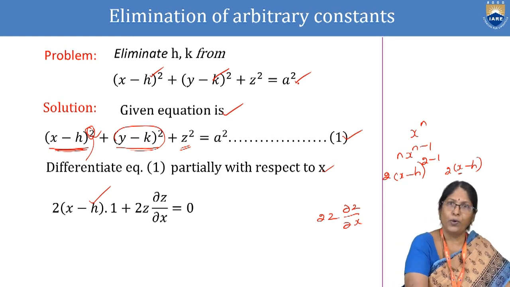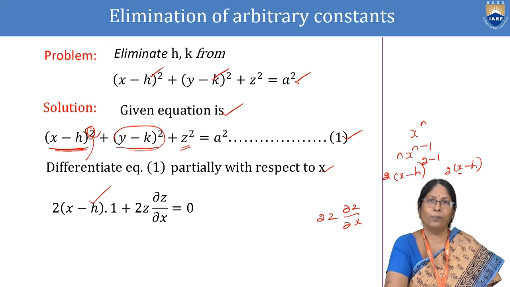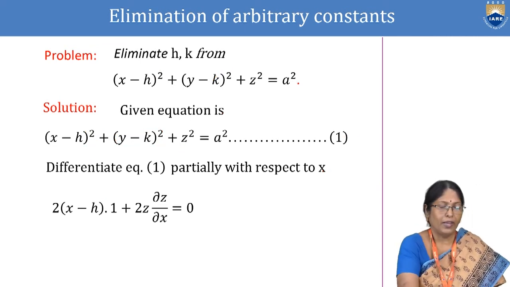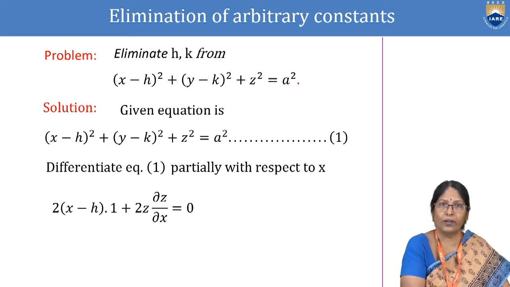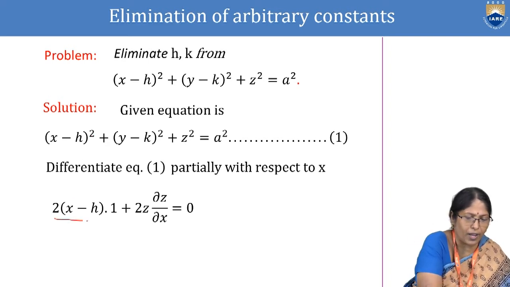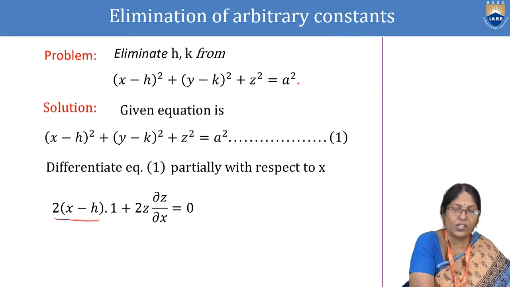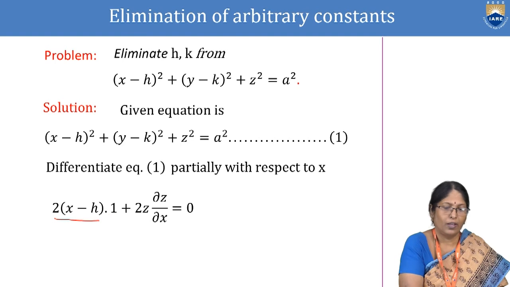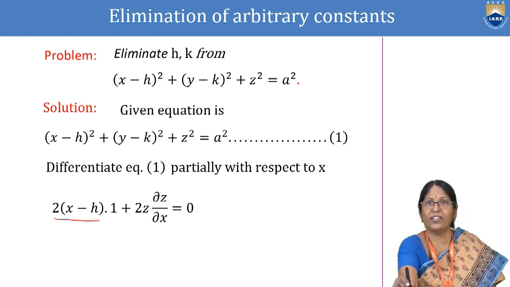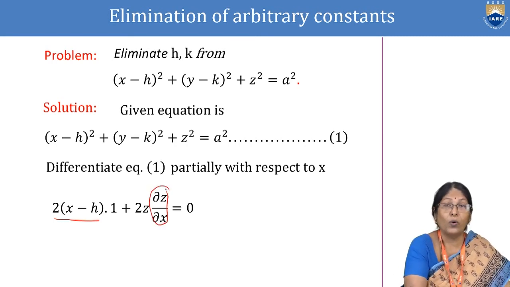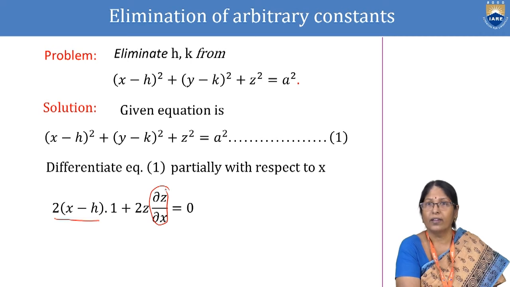Now actually a doubt should come. Here, x minus h the whole square, we applied the formula, 2 of x minus h, and the x differentiation we wrote as 1. Here 2 is z, but can we also write the z differentiation as 1? No. Instead of 1, we are writing dou z by dou x. This doubt should compulsorily come.